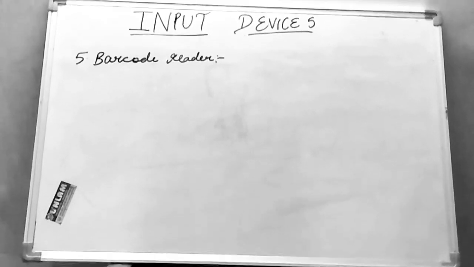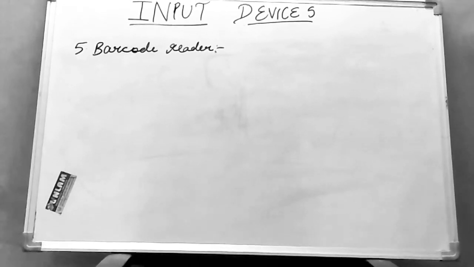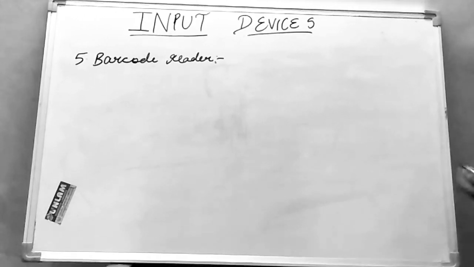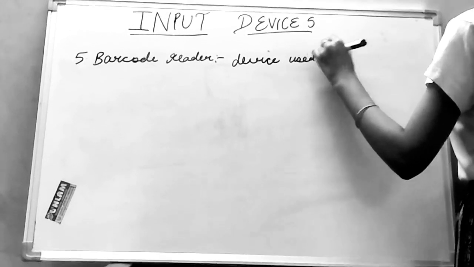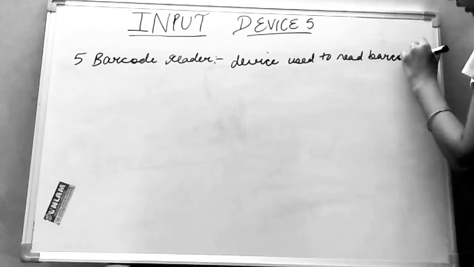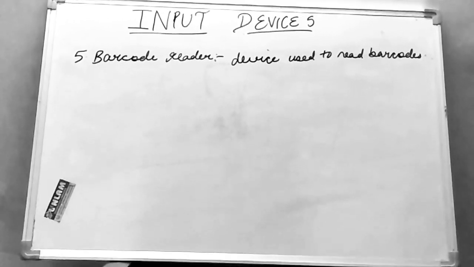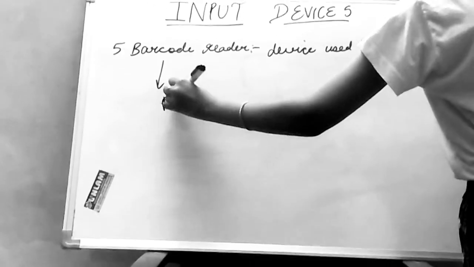So our next input device is barcode reader. Now what is this barcode reader, guys? It is a device that is used to read barcodes. Now what is a barcode?